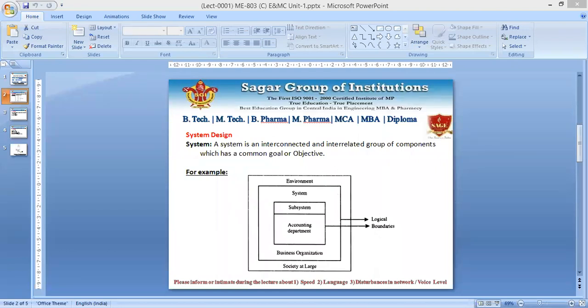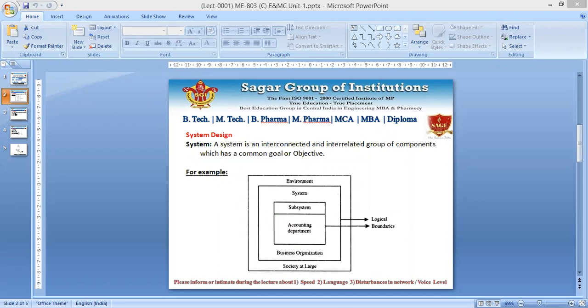So these are subsystems. Along with that, there are many other subsystems like accounts department, finance department, admin department, HR department. So there are many subsystems to constitute one system, which we are discussing.